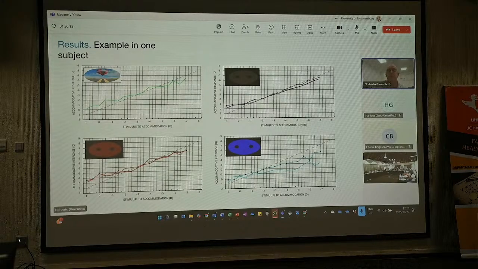In order to have the statistics of all the accommodation responses, we obtain the amplitude of accommodation for every response, just taking the maximum minus the minimum value of the accommodation response. With this value, we make the statistics intra-subject for the 3 measurements and inter-subject between subjects.